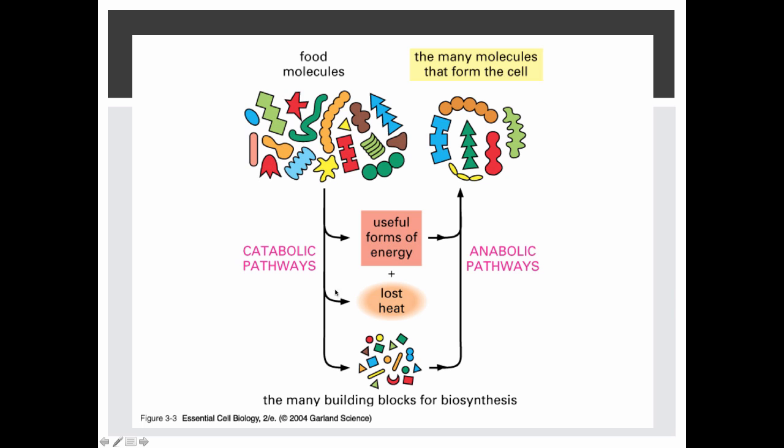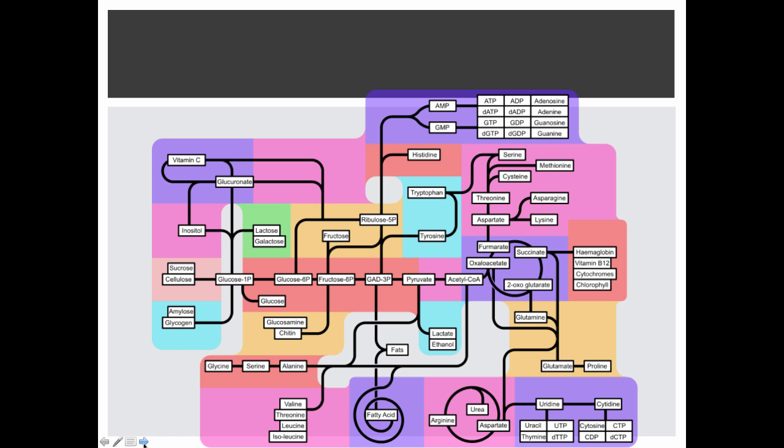In the process of this, we lose heat, but we can also create useful forms of energy. And when we put the small molecules back together to make something that's useful for our cell, that requires an input of these useful forms of energy.